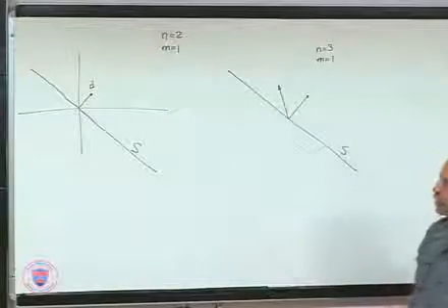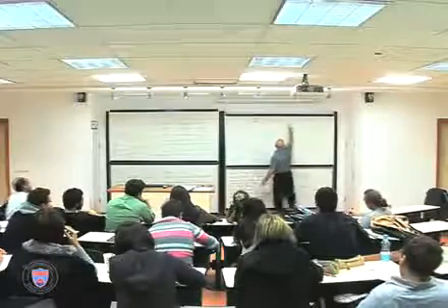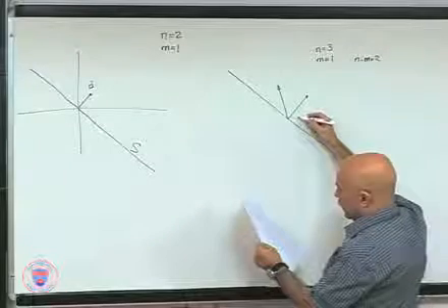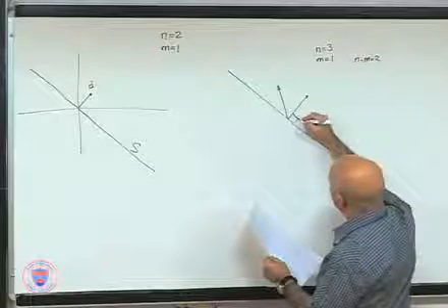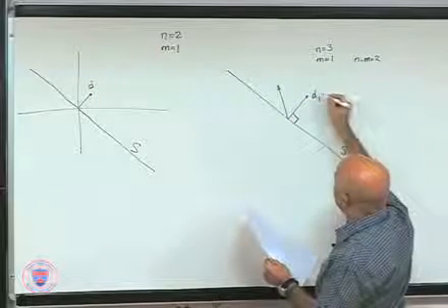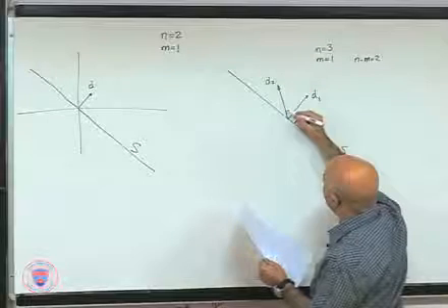Okay, I can find 2 in this case. N minus M is 2. And this is orthogonal, say D1. This is a 3-dimensional vector, and this is D2. This is also orthogonal.